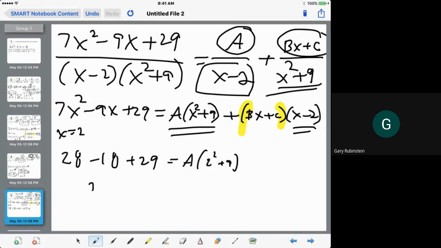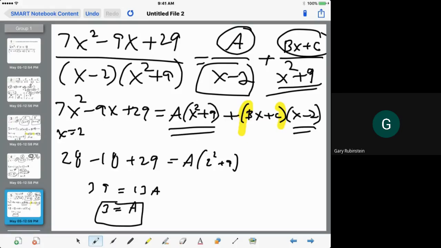It ends up being 39 equals 13a, and a equals 3. So we do manage to get one of the answers.